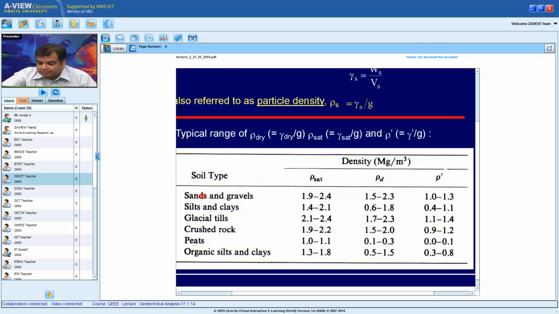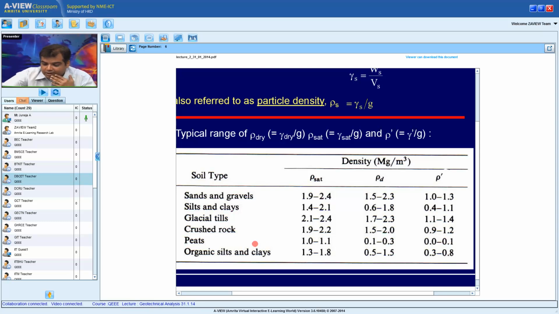Let's look at some typical numbers. Sands will typically have 1.9 megagram per meter cube, or in terms of our SI unit, roughly 18 and a half kilonewton per meter cube. That's the range, 18 and a half to something like 23 or 24. That's the saturated unit weight.